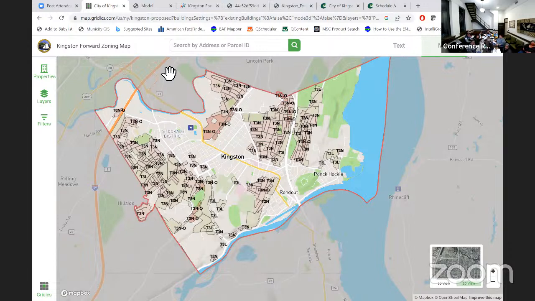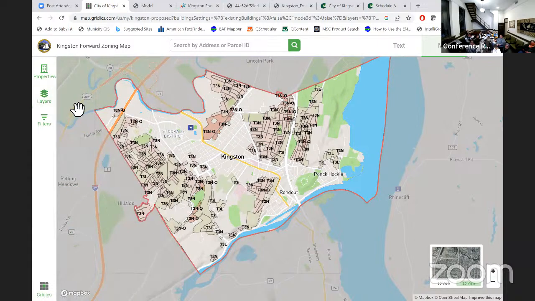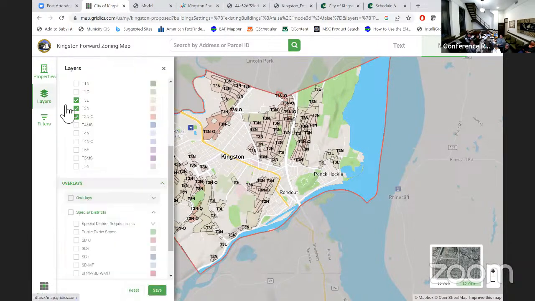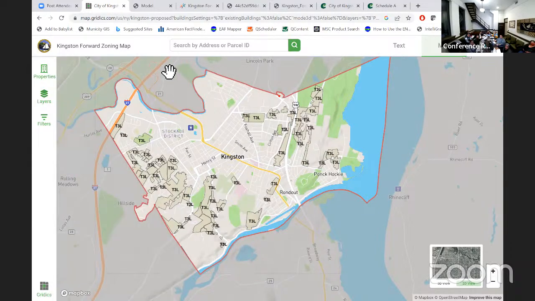Why don't we just go with T3 large lot, one at a time? Okay. So those are your T3 large lot parcels throughout Kingston.